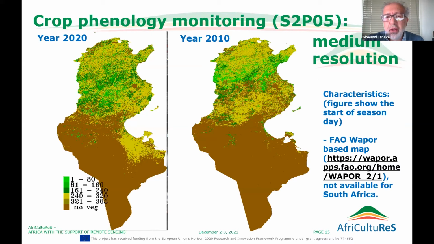Concerning the phenology monitoring in the platform, you will find two types of maps as before, at medium and higher resolution. This is an example of the one at medium resolution that you can find there. For instance, this is the comparison between the phenology in Tunisia for the years 2010 and 2020.